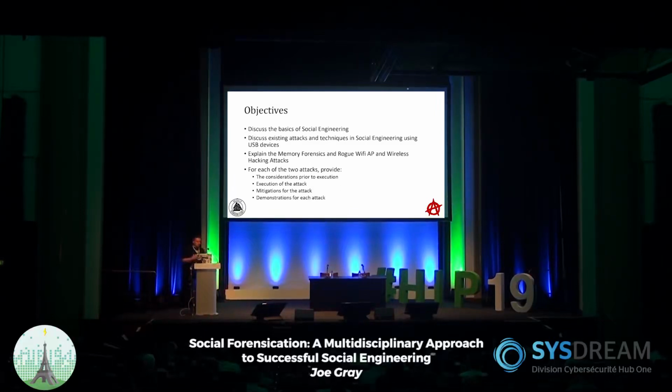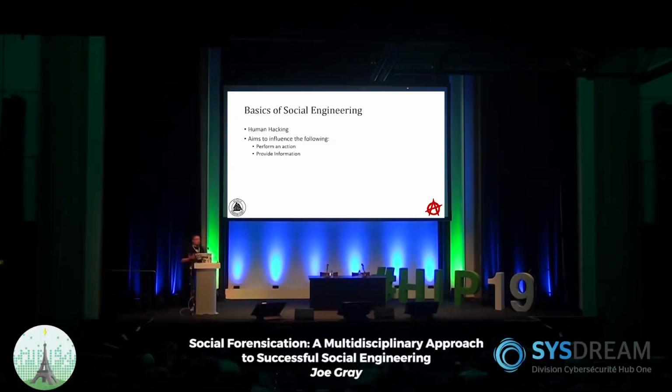And then look at the considerations, so your decision-making process before you decide to execute such an attack, and how you actually execute it. Because not everyone's on the red team, not everyone's a pen tester, there's a lot of blue team, so a little bit about the mitigations, and then time permitting, I've got recorded demonstrations of the attacks as well.